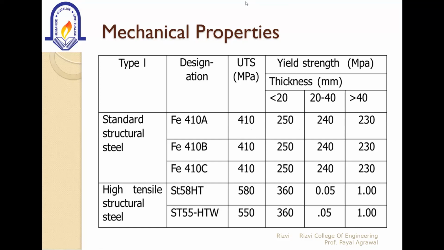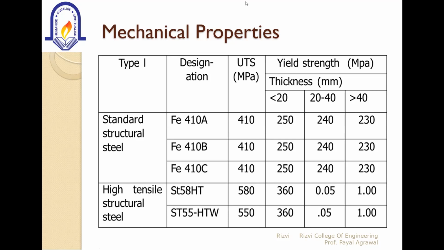So if the thickness in mm is less than 20, then for this Fe410 grade the yield strength will be 250. Depending upon the grade of steel given in your question, you have to take the yield strength from this particular table, which is given in the IS code.